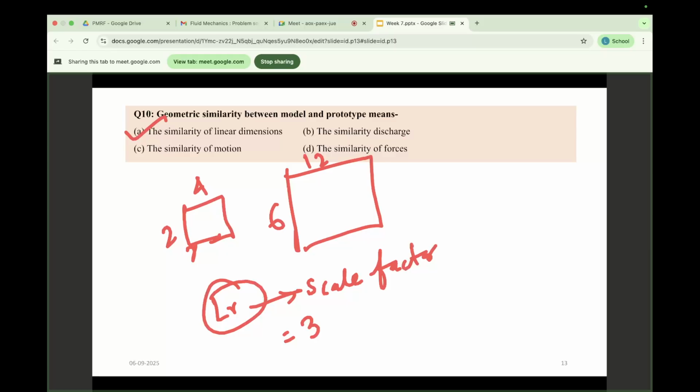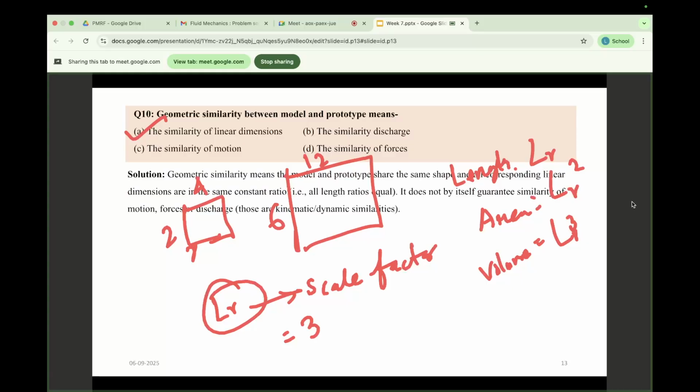Remember one thing for the geometric case: for length it is LR, for area it is LR squared, and for volume it is LR cubed. So these are the three things that you need to remember. So the correct option is the similarity of the linear dimension. It depends on the similarity of the linear dimension.